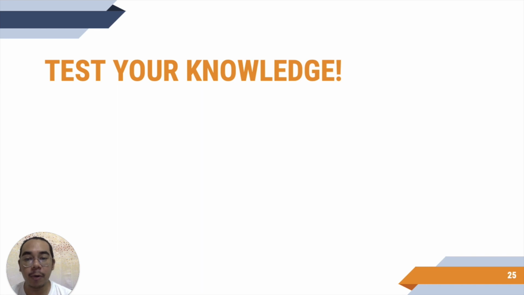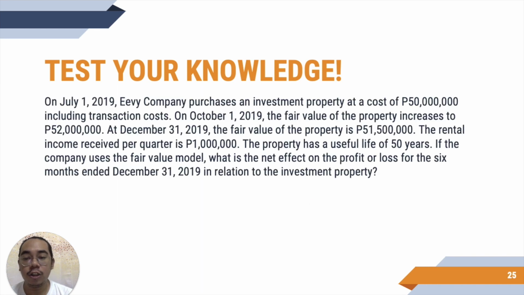So ang question number 1 natin is, on July 1, 2019, EV company purchases an investment property at a cost of 50 million pesos, including transaction costs. On October 1, 2019, the fair value of the property increases to 52 million. At December 31, 2019, the fair value of the property is 51,500,000.